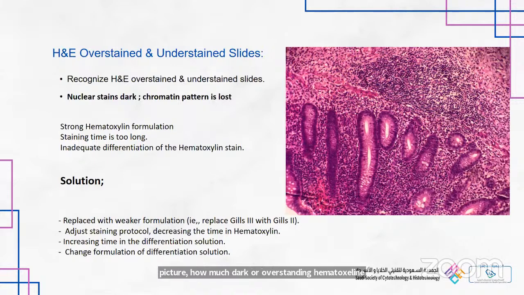This is caused by three common factors: strong hematoxylin, staining time that is too long, or inadequate differentiation of hematoxylin. For the solution, you must change a strong hematoxylin to a weaker formulation or adjust the protocol to decrease the time in hematoxylin. Also, you can increase the time in the differentiation solution. It may help to reduce the intensity.